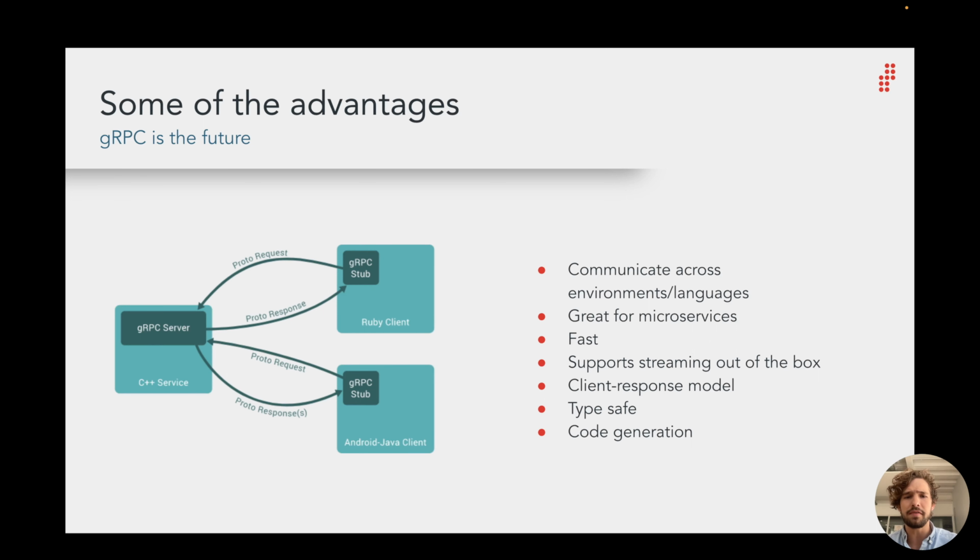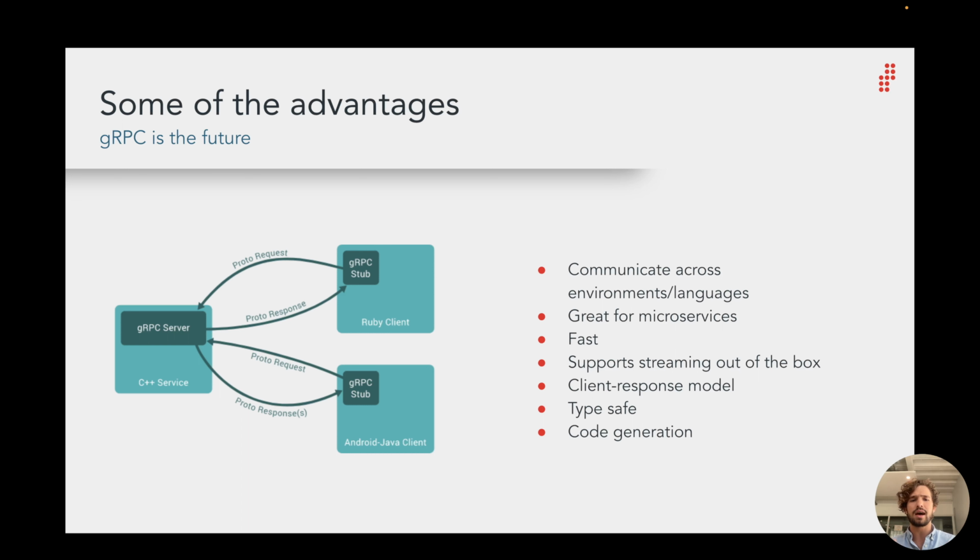And so some of the advantages of gRPC is that it enables communication across a variety of environments and languages. It is excellent for building out microservices. It is super fast since it's using HTTP/2 under the hood, which is the latest version of the HTTP protocol. It supports streaming out of the box, so there's no need to incorporate WebSockets.